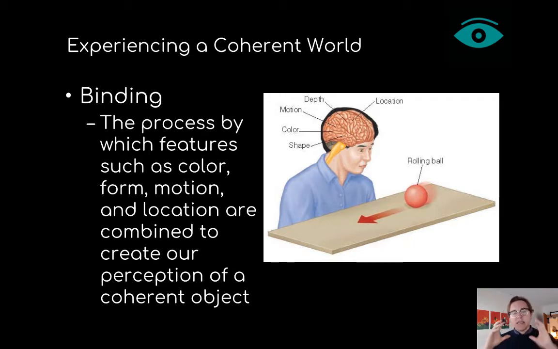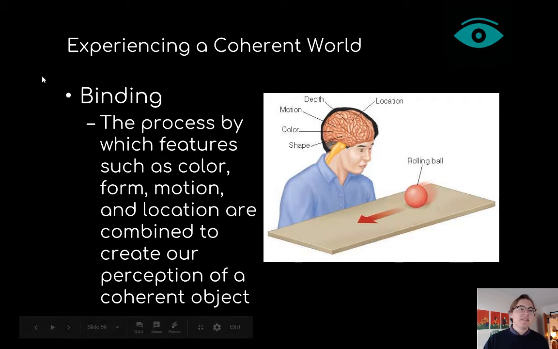Attention is the mechanism through which we establish and grow in the world. And the concept that we use to refer to that is called binding. This is the idea of taking all of the little physical characteristics of an object, all of the meaning that we associate with an object, and binding it together to essentially create our perception of that object.